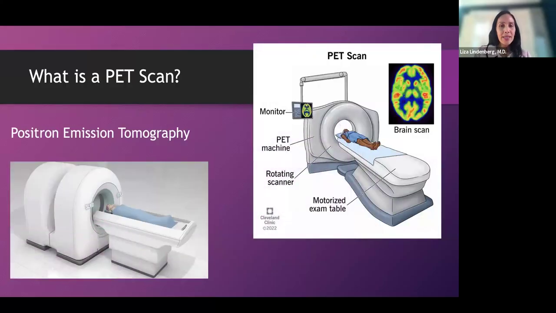PET provides detailed pictures of what is happening inside the body at the molecular and cellular level, where other diagnostic imaging procedures such as X-rays, CT, and ultrasound predominantly offer anatomic pictures.